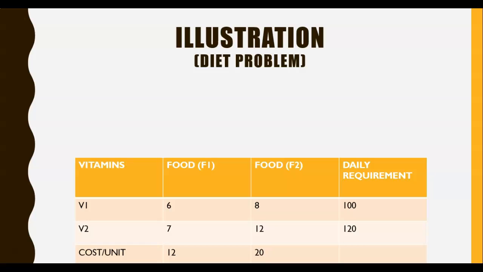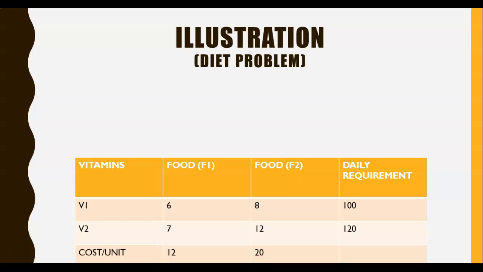So this data is obtained. The OR expert may interact with the nutritionist, the dietitian, to obtain this data on vitamins, and he will also interact with the retailer who is selling these kinds of foods.